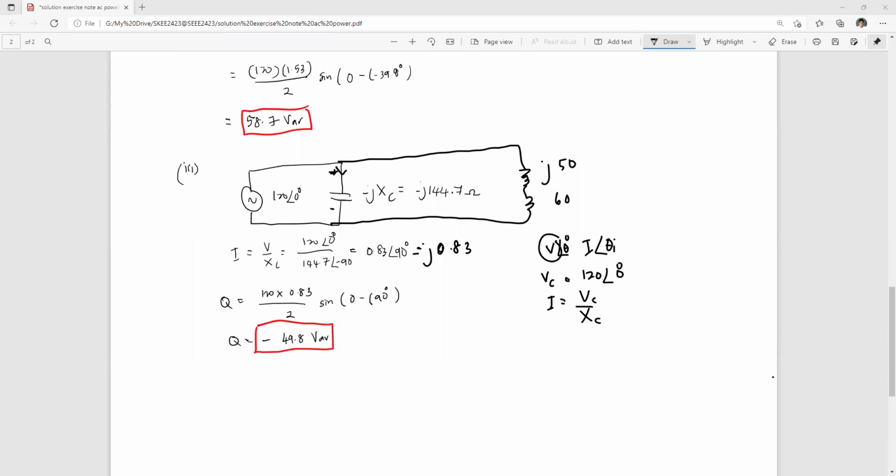The voltage across the capacitor, this is magnitude only, is already known, which is equal to the voltage source, 208 volts.